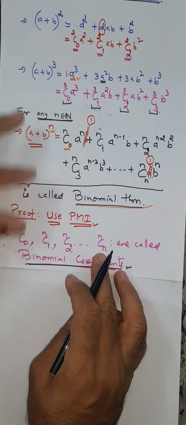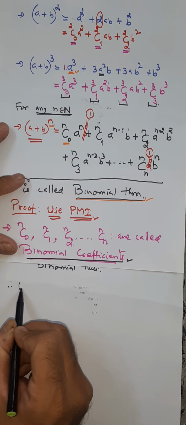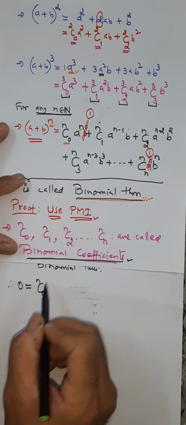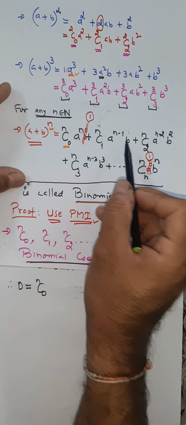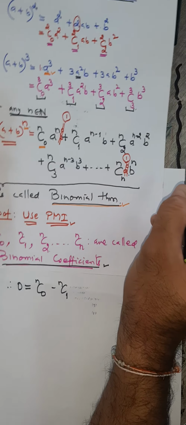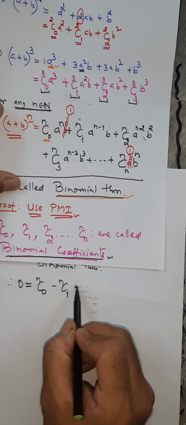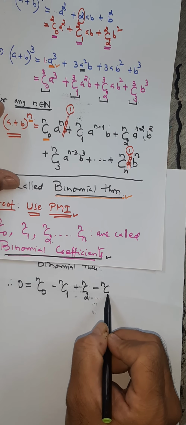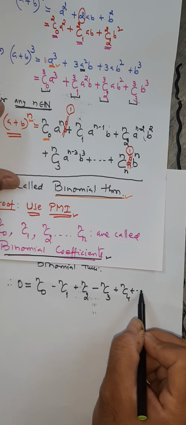So 0 equals nc0, this is 1, so nc0. Now this is 1, but here you have minus 1, so this will be minus nc1. This is 1, but even if you write minus 1 whole square, it will be plus 1, so nc2. Now next will be obviously alternate sign, minus nc3 plus nc4 and so on.